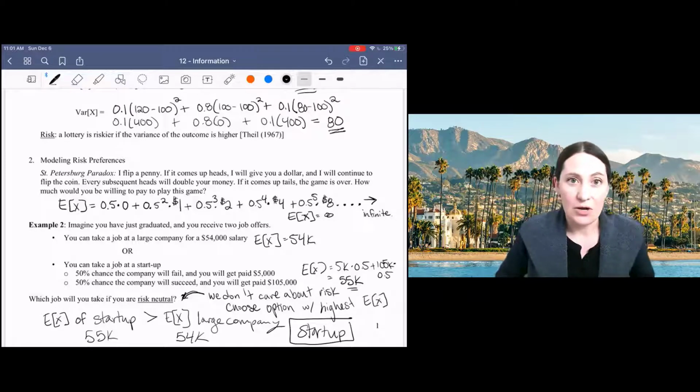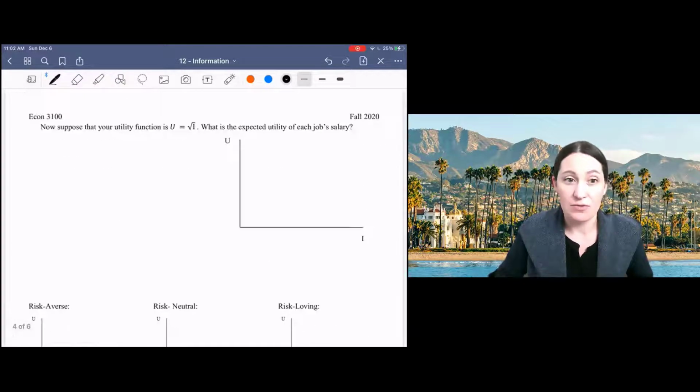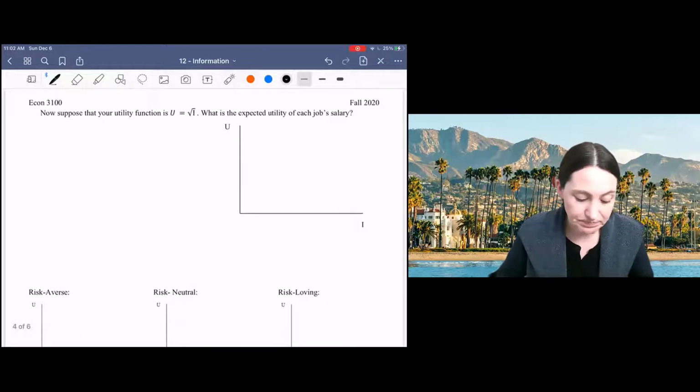All right, so now obviously not everyone would make that choice. Some people would choose the large company and some people would choose the startup. So we want to now incorporate a more diverse sense of risk preference into our utility maximization model.